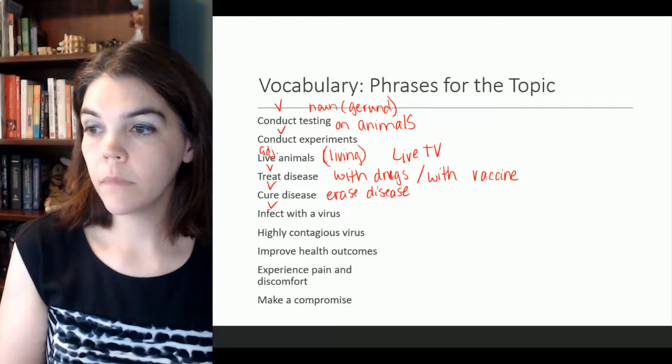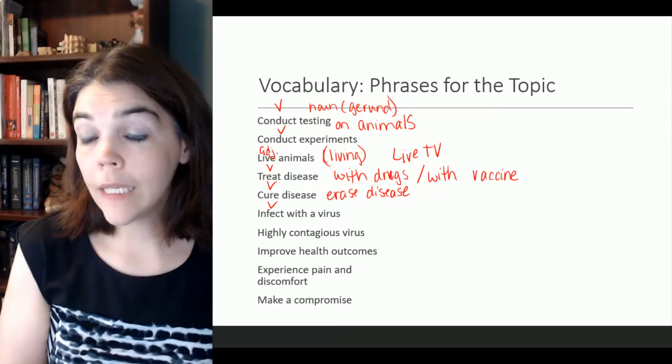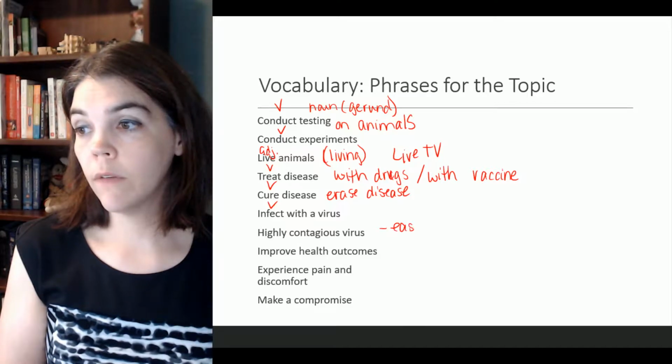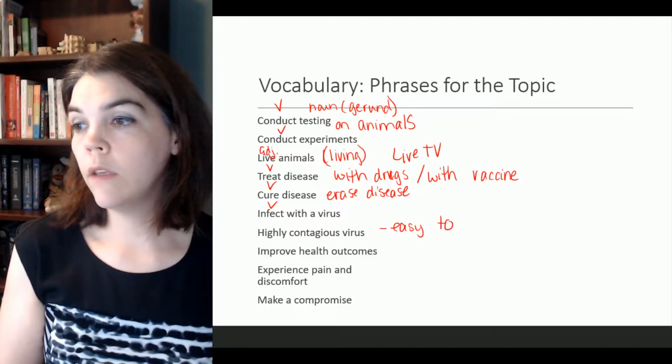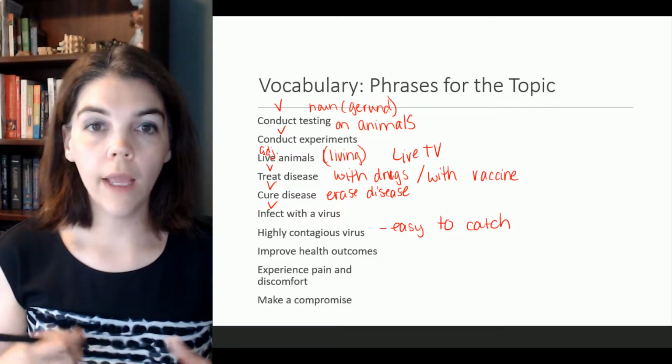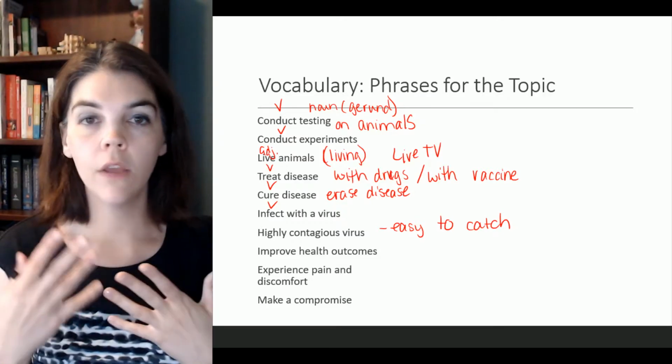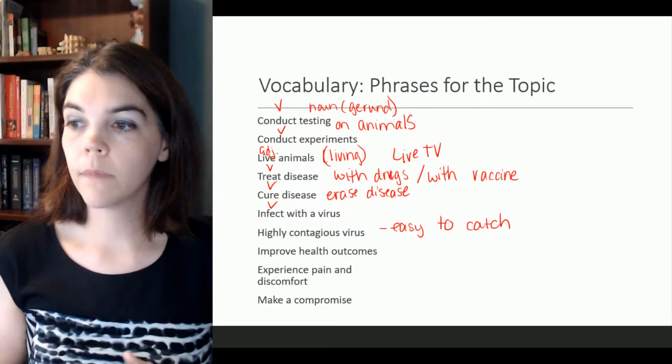Okay. Oh, highly contagious virus. This means easy to catch. So a highly contagious virus is very dangerous because if I cough, you can immediately get it.